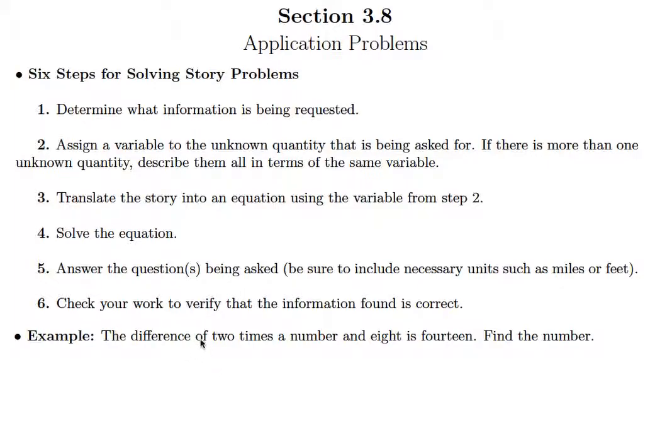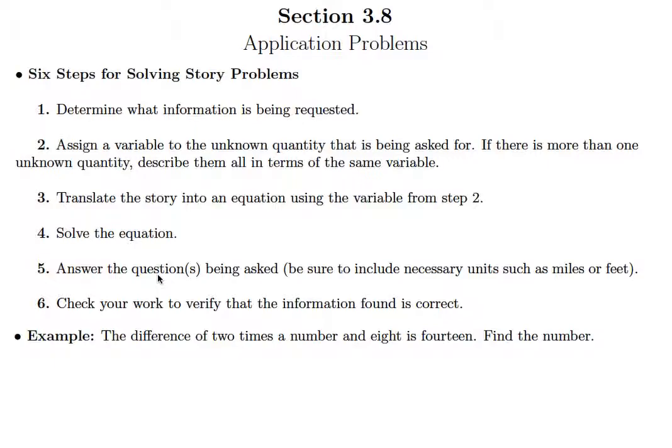And then finally, check your work to verify that the information found is correct. The best thing is if you can plug the number back into, say, an original equation, make sure your algebra is correct, and go back over how you set up the problem. But a quick way to check that you're on the right track is to check your answer for reasonableness.